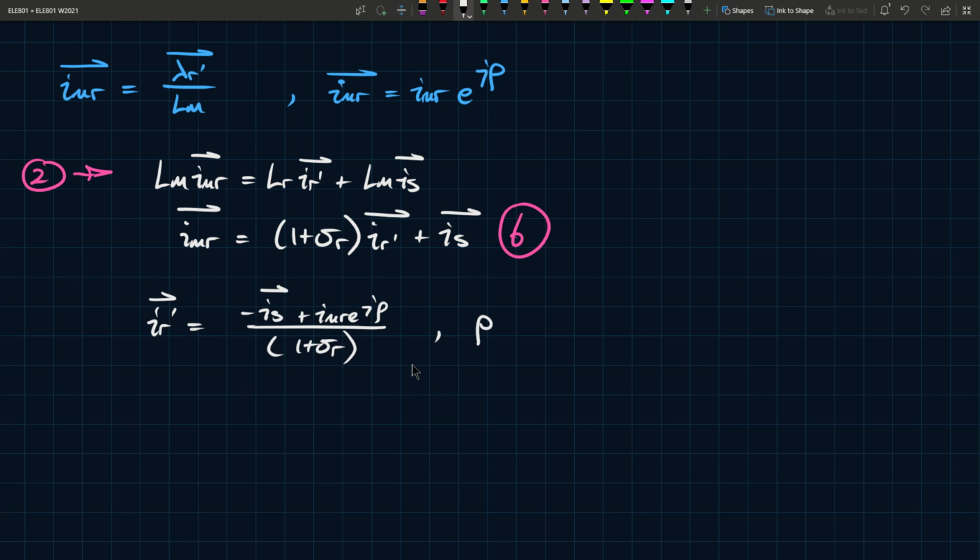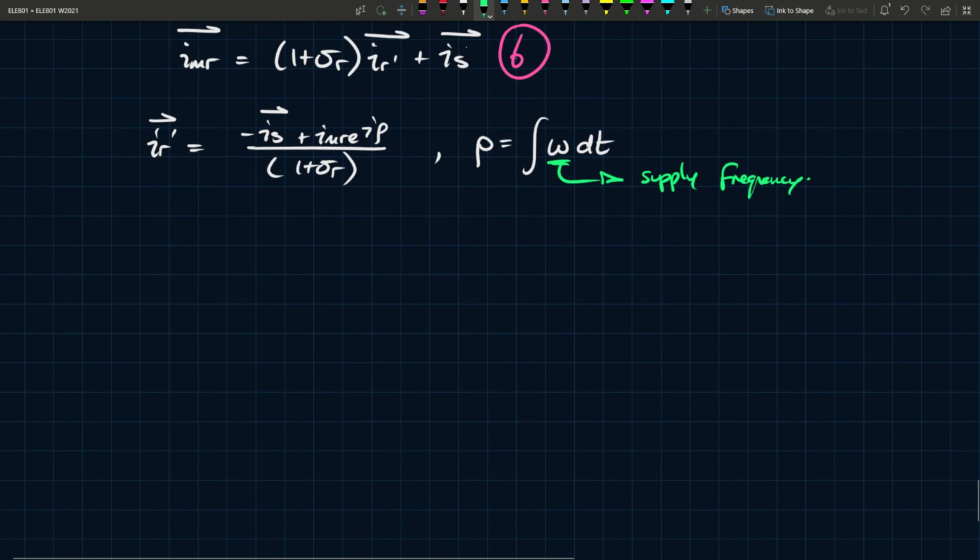And we know that rho is equal to the integral of omega dt, and this omega is the supply frequency. So this is the frequency that you're actually driving the motor with. Because again, these machines, because you're controlling the speed, you're essentially controlling the frequency of operation of the signal or the voltage or the current, whatever you're supplying to the machine.